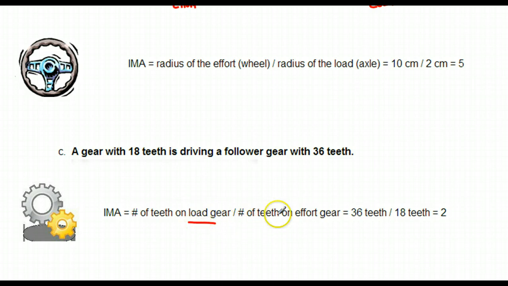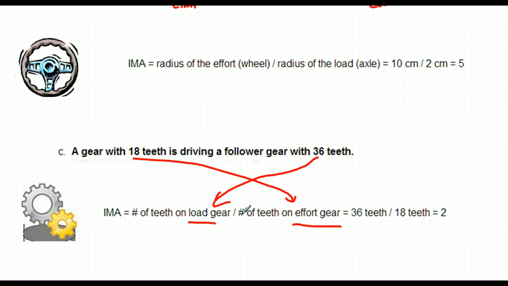It's the load gear divided by the effort gear. Okay, yeah, so that's right. This is the effort, and the follower is the load, what they're trying to get to move. So in this case, it's reversed. This is the 18 over here, 36 over here. So load divided by effort for IMA for a gear.